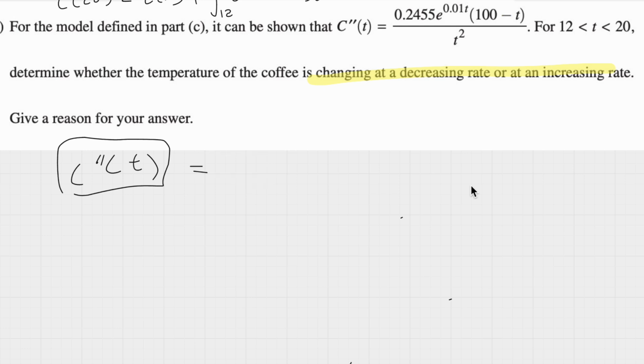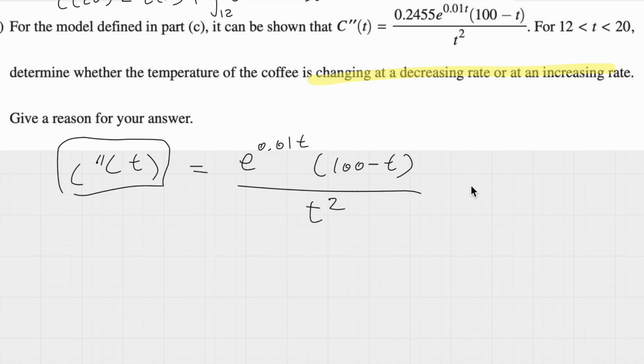So this is equal to something times e to the 0.0 t, 1 minus over this. So what we care about is not the value but just the signs, okay? So that's why I didn't write the constant at the front.